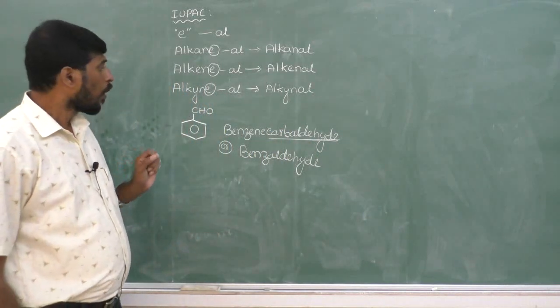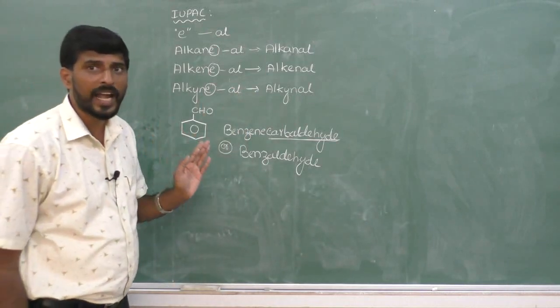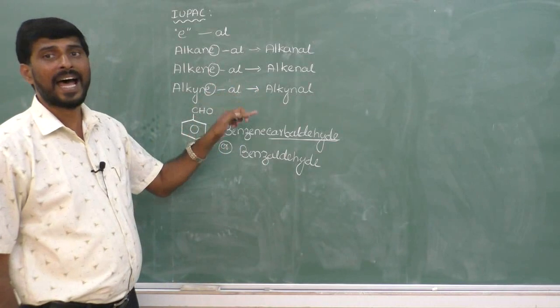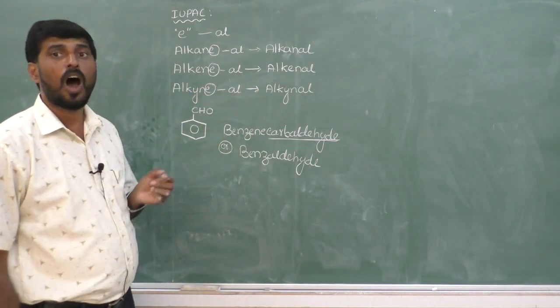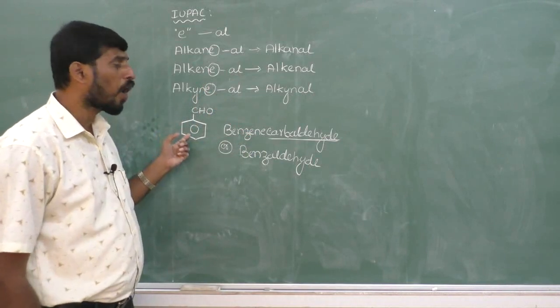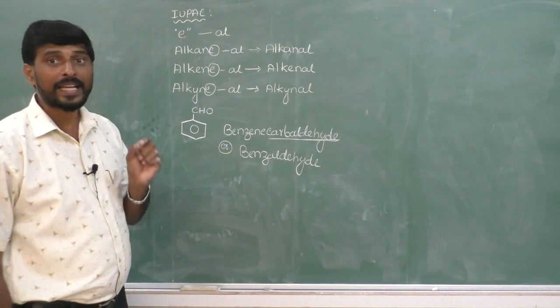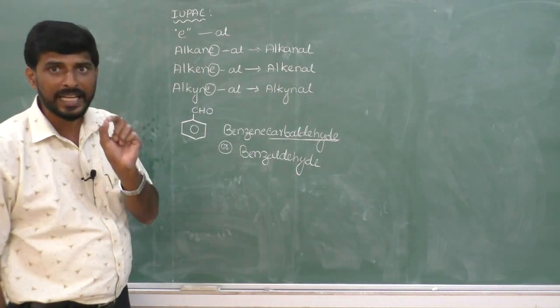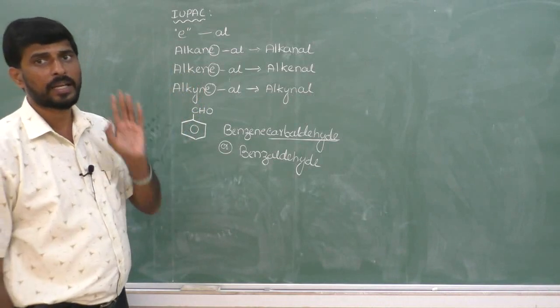Then, what about the other aldehydes? Other aldehydes are named as derivatives of benzaldehyde or derivatives of benzene carbaldehyde. While naming, we have to indicate the position of the substituent group by giving a suitable number.